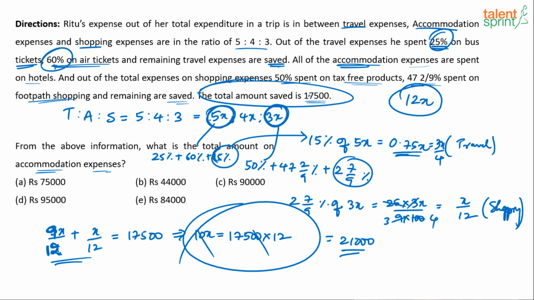Out of shopping expenses, 50 on tax free, 47 2 by 9 on footpath shopping, and remaining is only this much, right? 27 by 9 percentage.